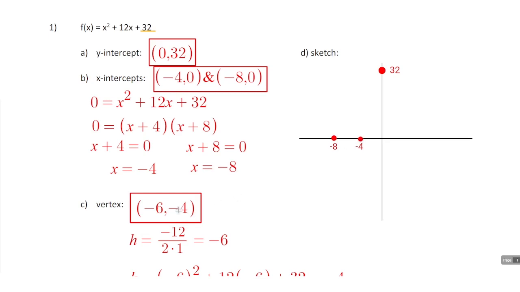And then finally, I've got a vertex at -6, -4. So -6 here is going to be in between -4 and -8. I'll try to make this as even as I can, -4 on the y-axis. So my point is going to be right about here.